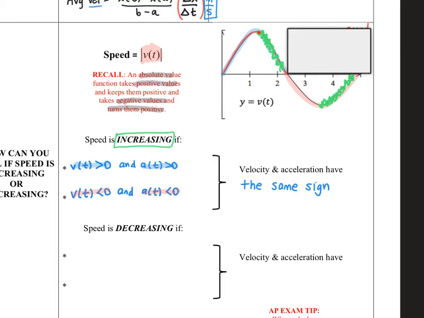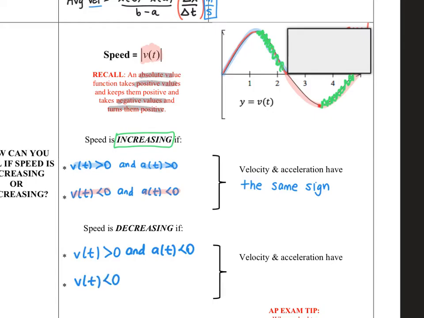So analyzing these intervals like I did the increasing ones, I can see this interval of decreasing speed. I have a positive velocity because I'm above the x-axis, but my acceleration is negative because my velocity is decreasing. If I look at my other interval that I have identified as a decreasing speed, it's this green one right here, and on this interval my velocity is negative because my velocity graph is below the x-axis.